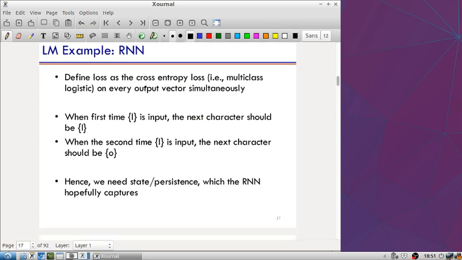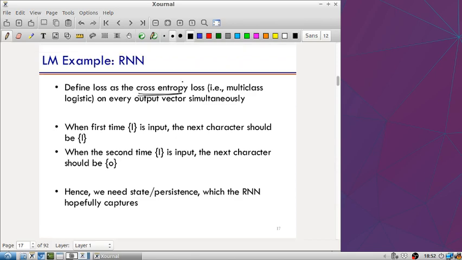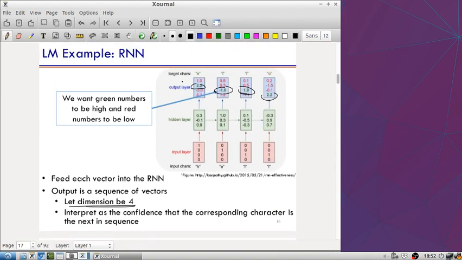So we can actually just use cross entropy, but we'll do cross entropy across the 4 outputs. What do I mean by that? If you remember, in multi-class logistic regression or even a feed-forward network, we had a cross entropy loss function defined. Here we actually have 4 score vectors for one training data, which is that word hello, instead of 1 score vector.